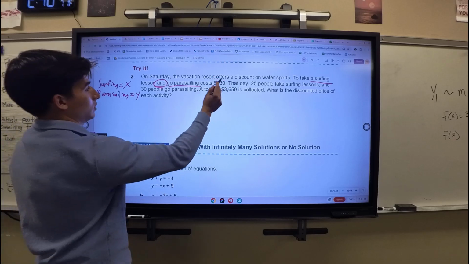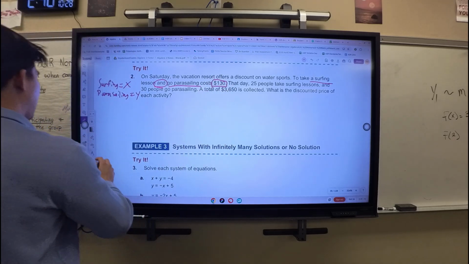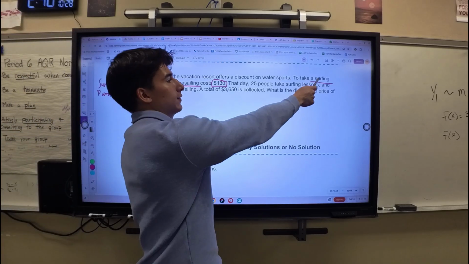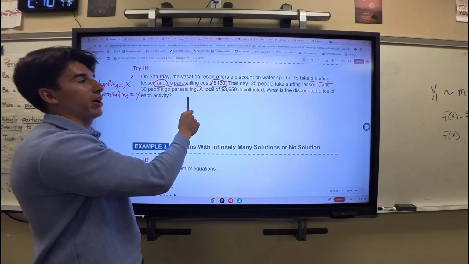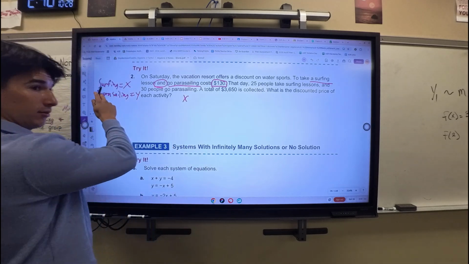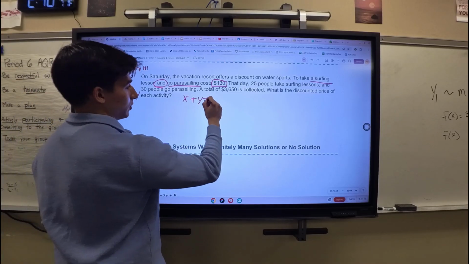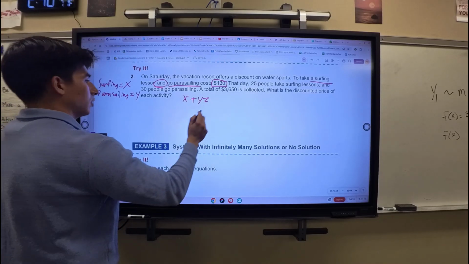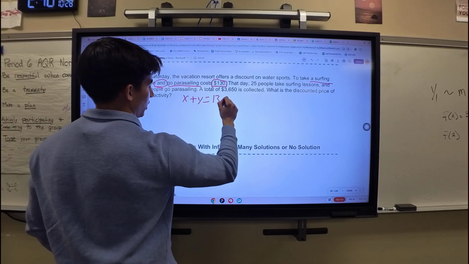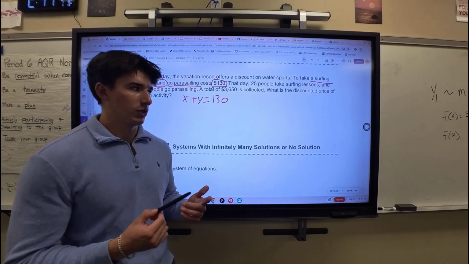So for writing our equation here, the 'and' should be telling us that we are adding the cost of surfing and the cost of parasailing to get to our 130. So X, surfing, plus Y, parasailing, equals 130. So that's our first equation, but we need two since we're doing systems.